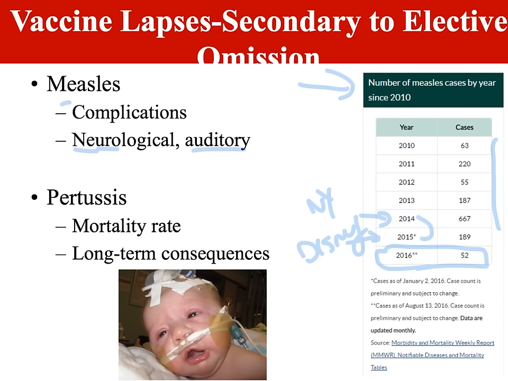It's an infection that doesn't need to happen. It's an infection that can be fatal, and if it's not fatal, can have long-term permanent consequences. That is something we need to say to our patients very loudly and very clearly, because this should not be happening when we have a preventative tool.